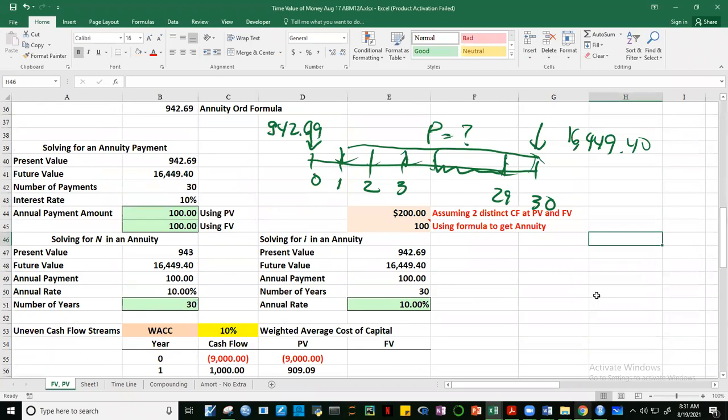Anyone would like to comment on this? Definitely guys, may ina-expect akong comment sa inyo dyan. Kasi I expect you guys not to get the answer. Definitely may discussion tayo dito.